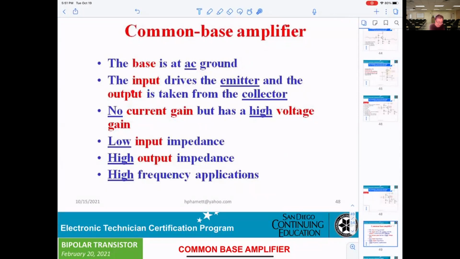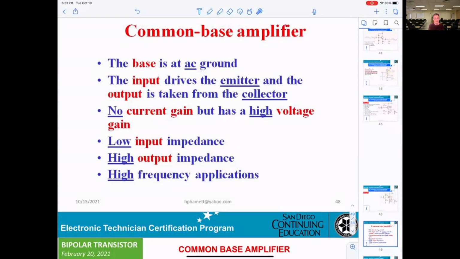The input drives the emitter and the output is taken from the collector. No current gain, but it has a high voltage gain. It has a low input impedance, however a high output impedance, and it is used for high frequency applications.